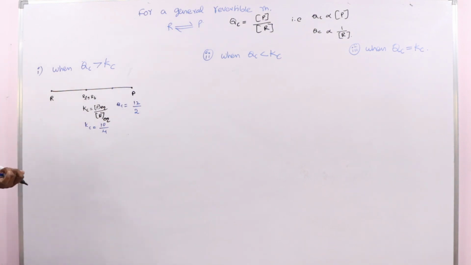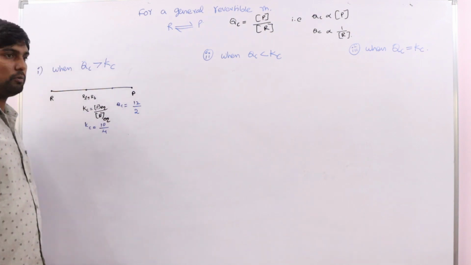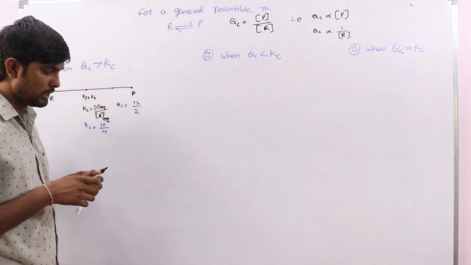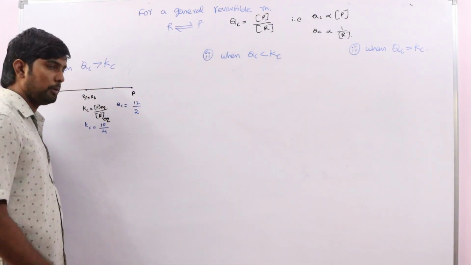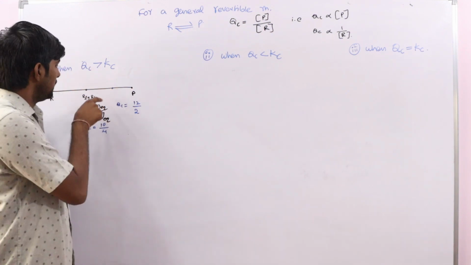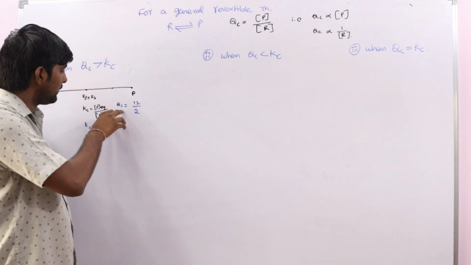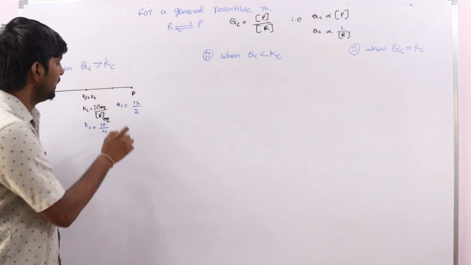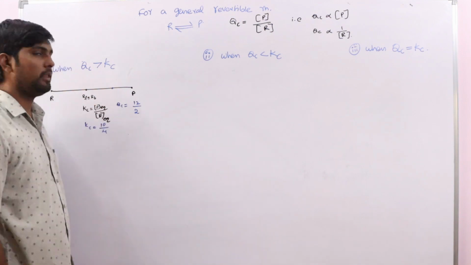These numbers are only for understanding purpose. At equilibrium Kc equals 10 by 4, which is 2.5, and 12 by 2 is 6, so Qc value is greater than Kc.